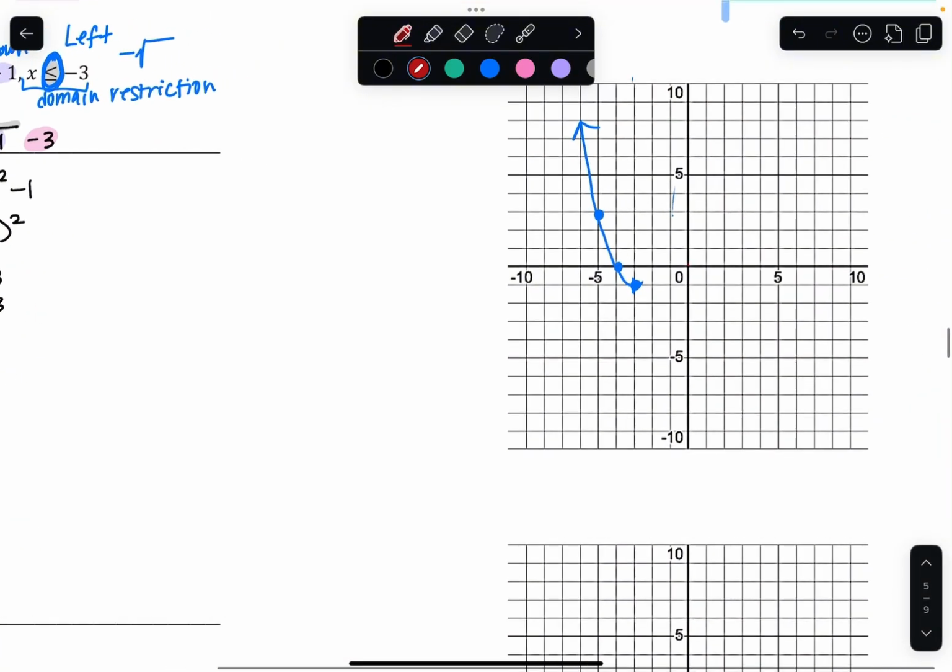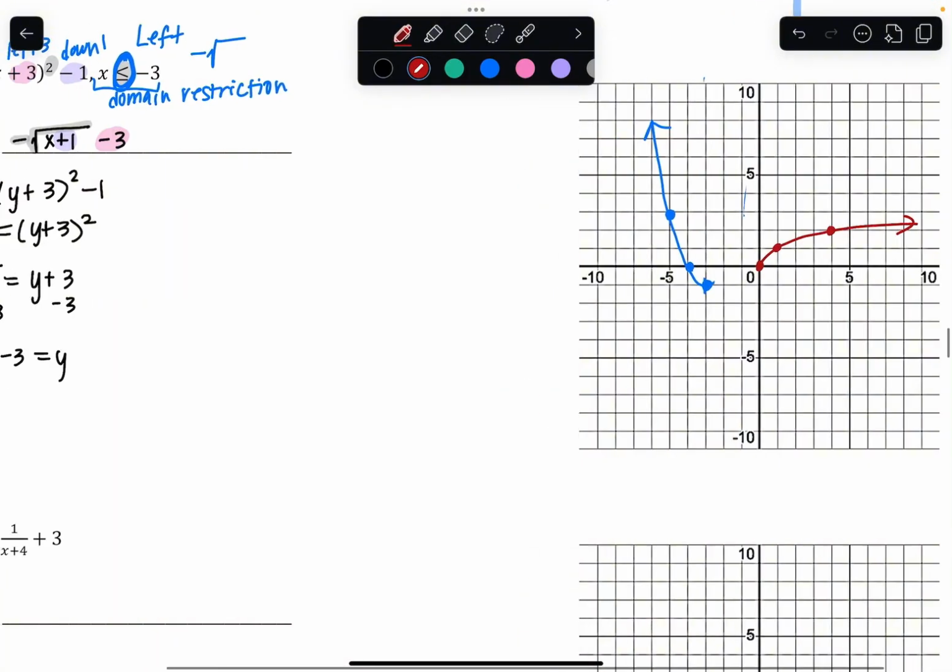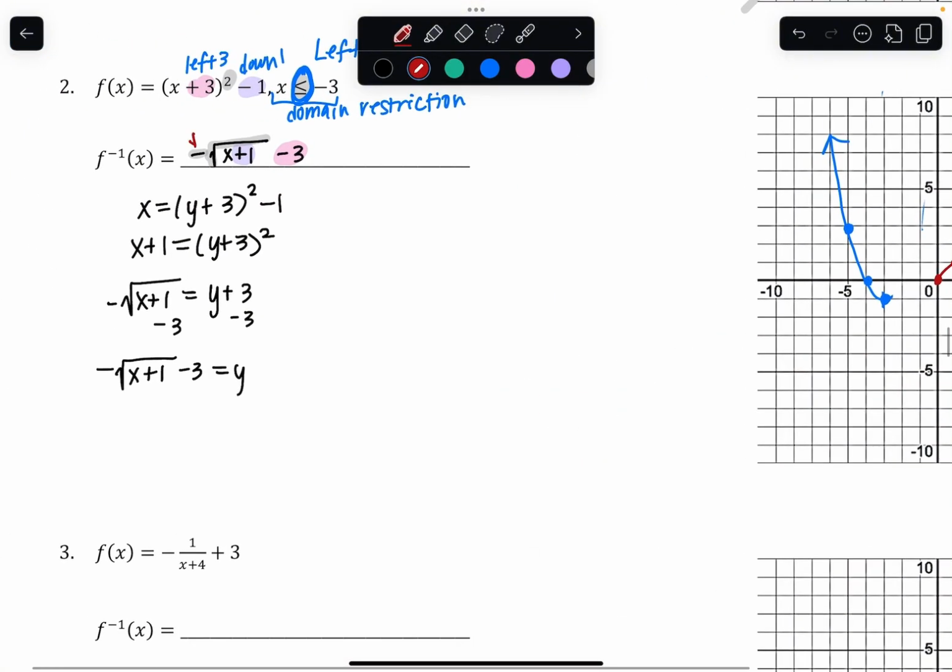The square root parent function has a starting point at 0, 0, then 1, 1, 4, 2, and goes up to the right. And so for this function, the first thing we have to do is take care of this reflection across the x-axis, and then we will move it left 1, down 3.